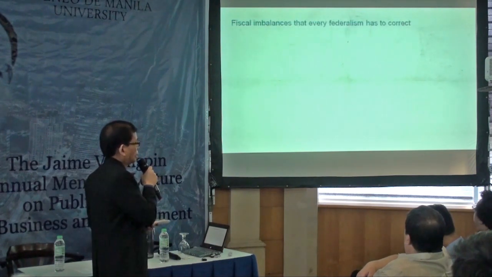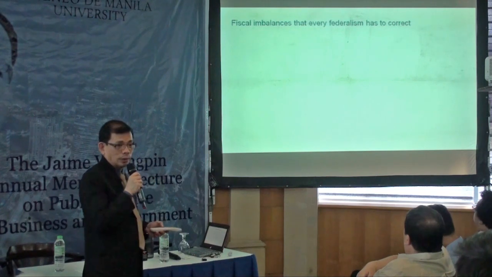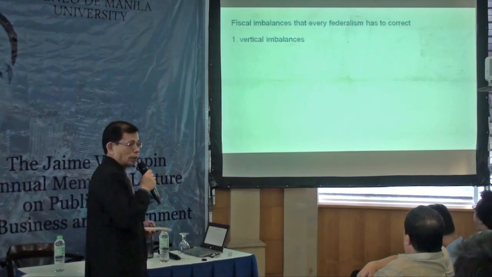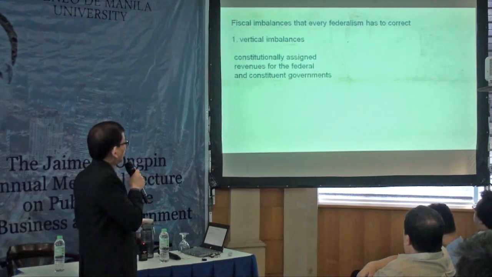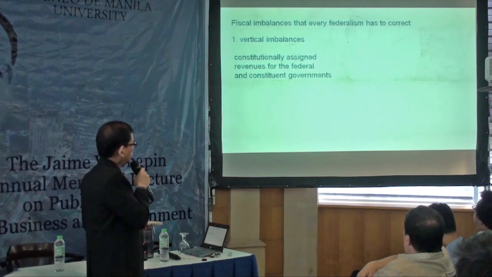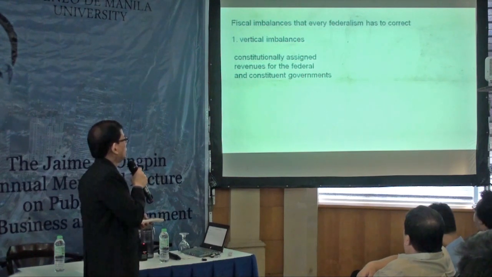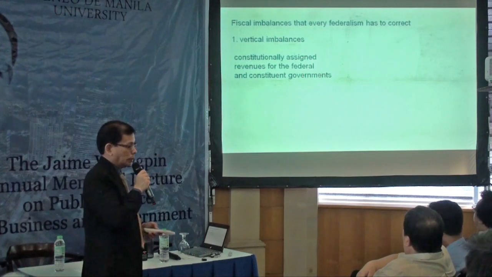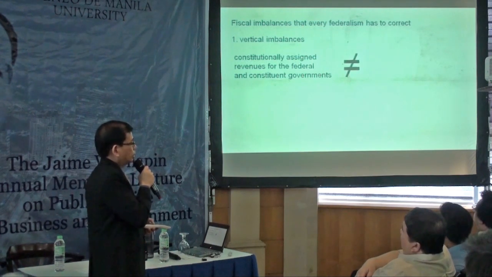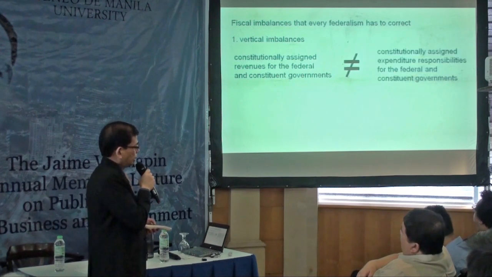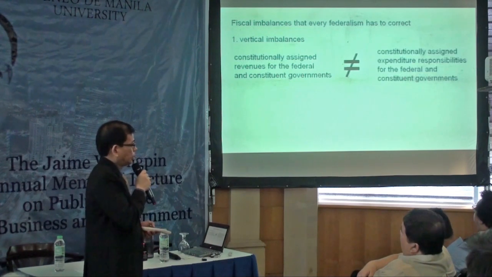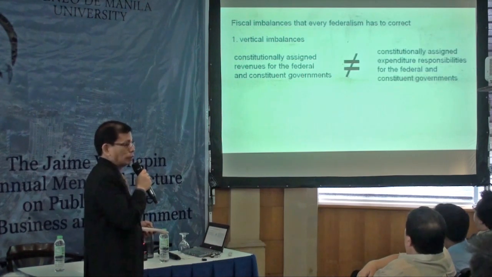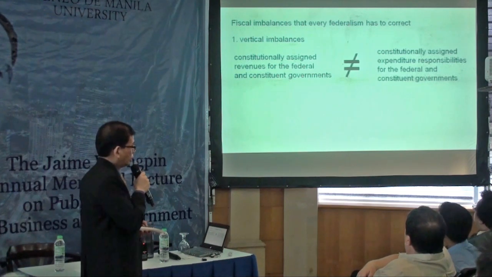Fiscal imbalances that every federalism has to correct, according to Watts, would be vertical imbalances. These are constitutionally assigned revenue. This happened because constitutionally assigned revenues for the federal and constituent governments are not in sync with the constitutionally assigned expenditure responsibilities for the federal and constituent governments.